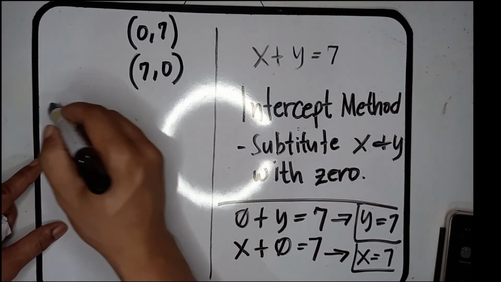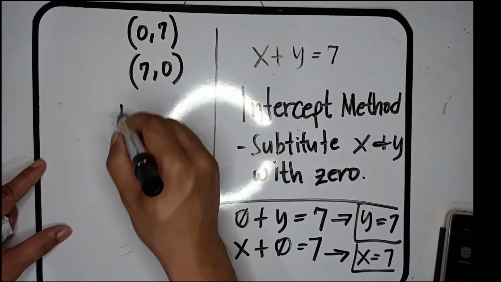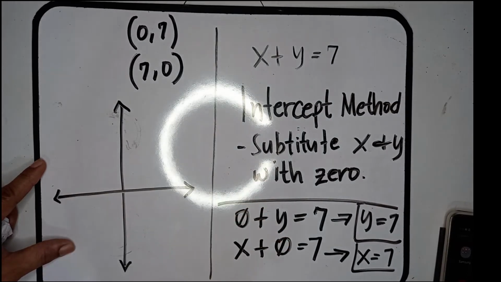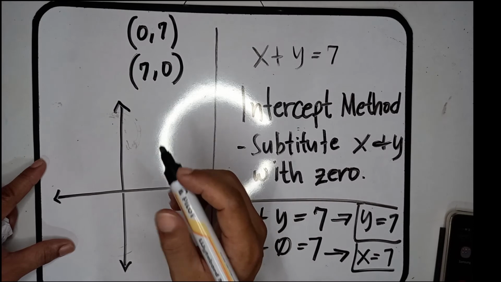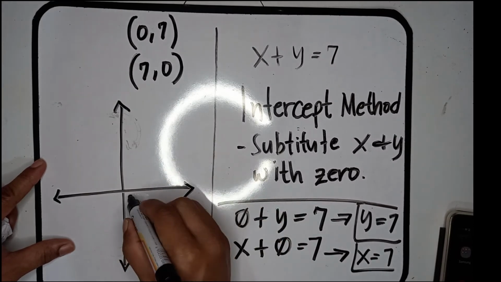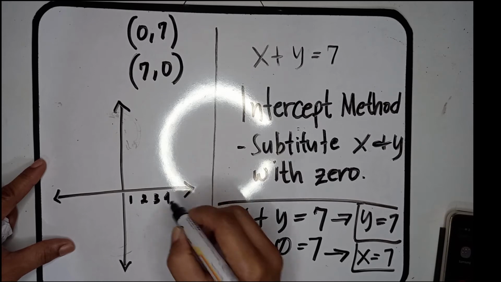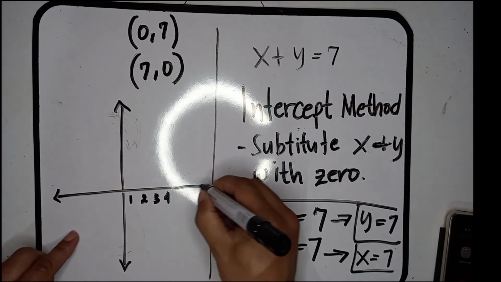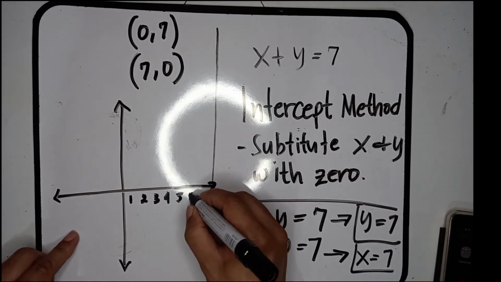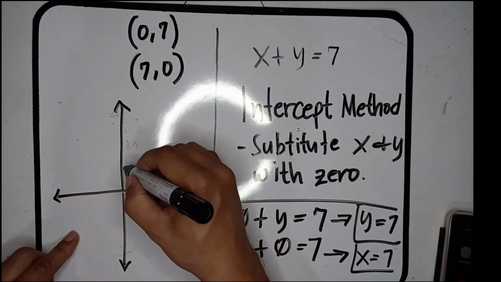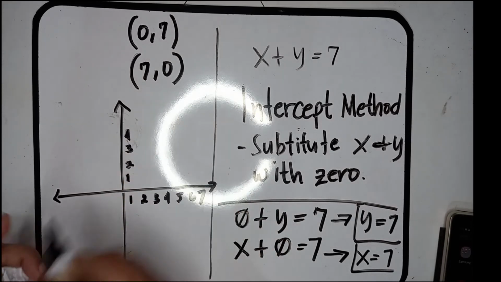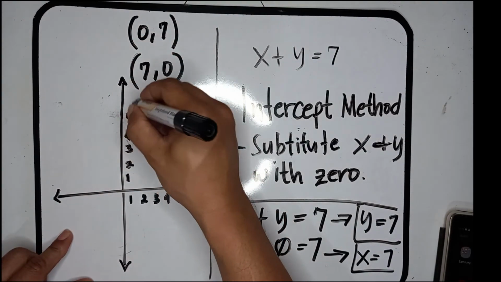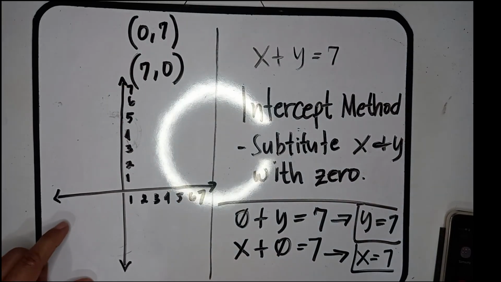Okay, so we can plot this now on our graph. So we have 7 for x and then 7 for y. So 1, 2, 3, 4, 5. Let me extend this one. 6, 7, and then 1, 2, 3, 4. Let me also extend this one. 5, 6, 7. Okay, so there you go.